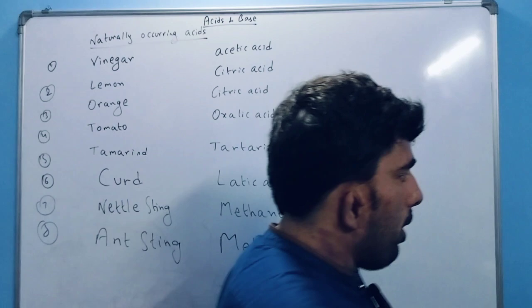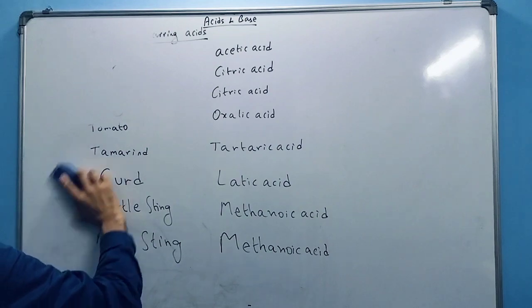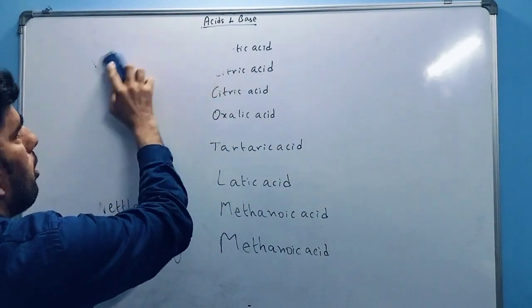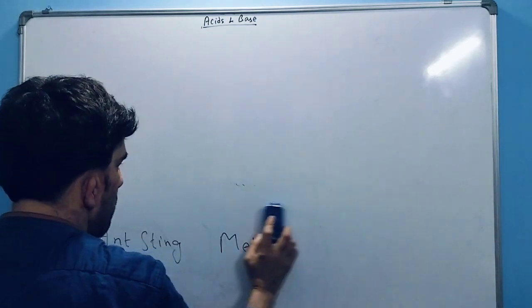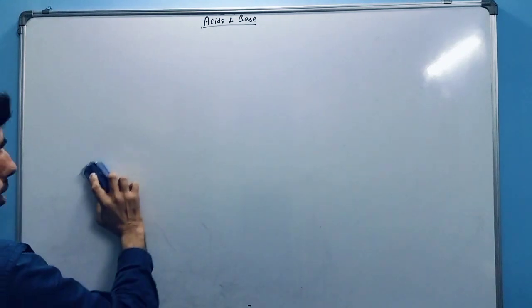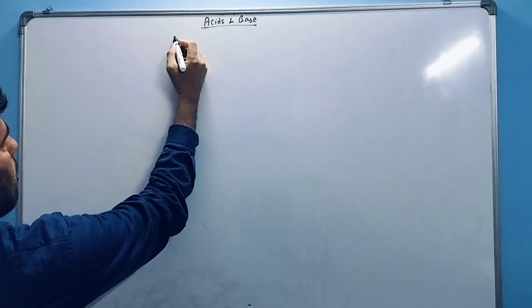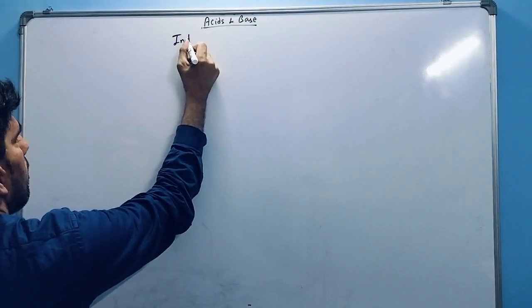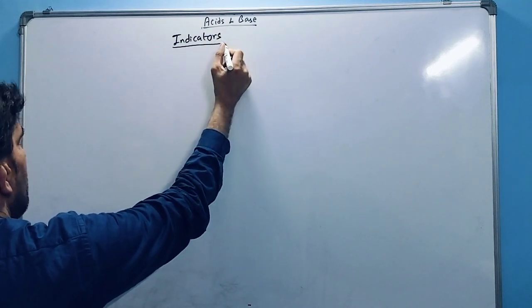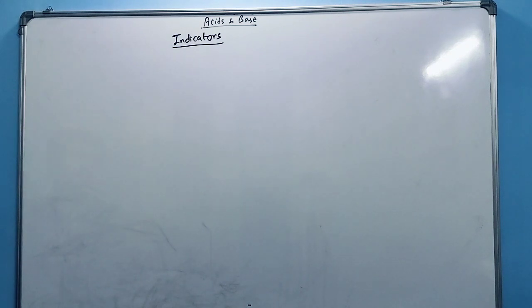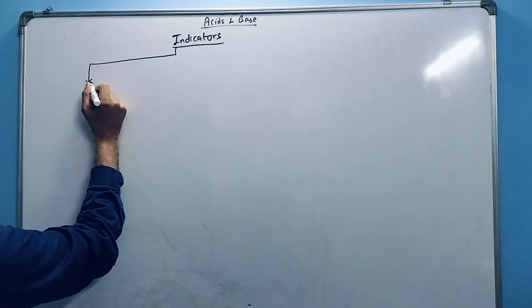Now we'll discuss the indicators. We have classified indicators into four categories.